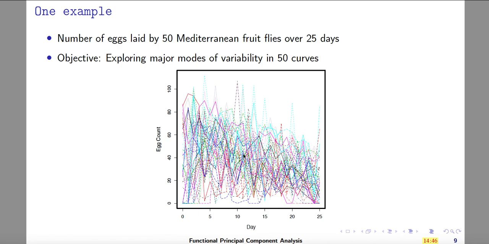Certainly a larger range in the earlier. The earlier, yes, definitely. You can see we have larger variations in the early age than in the later age. Later on we will learn how we can use the principal components to quantitatively describe these major modes of variation.